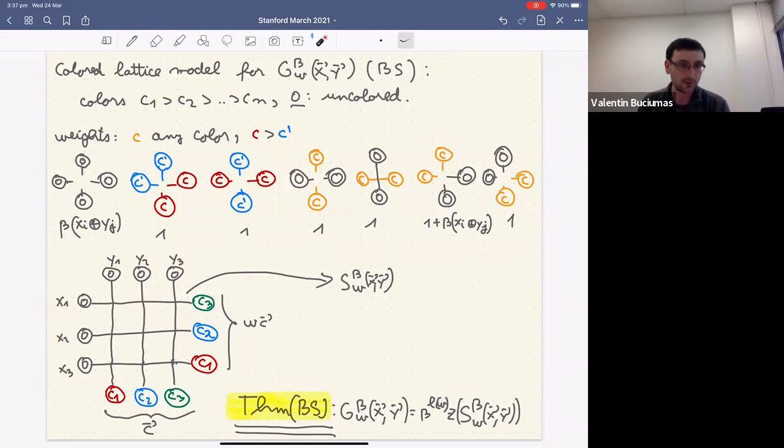The boundary conditions will be uncolored on the left and on the top, and colored on the bottom and right. The color on the bottom will be given by C in this particular order. So the highest color will be to the left, then the next color, and then the next color. And the boundary on the right will be given by C permuted according to W.